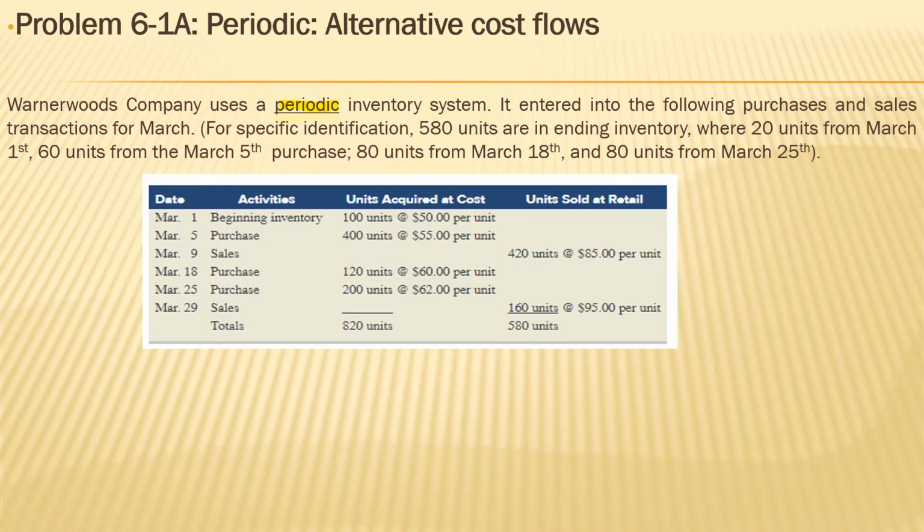Here is provided this table: a column for the date, a column for activities, whether purchase or sales, a column for units acquired at cost, how many units were acquired and at how much cost per unit, and the last column, units sold at retail. And by retail I mean the selling price.